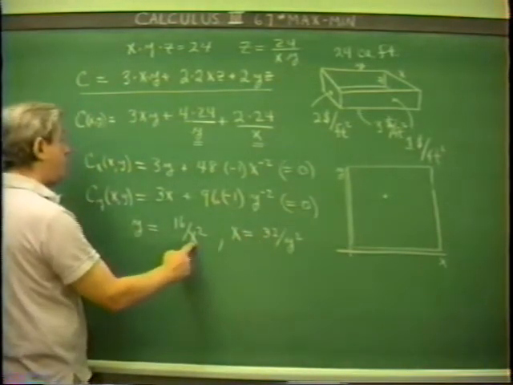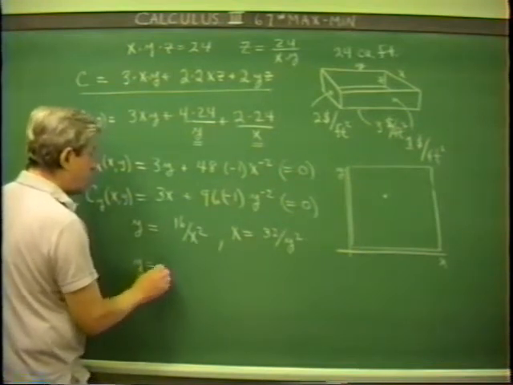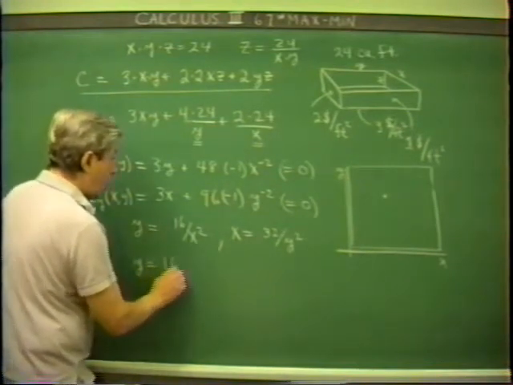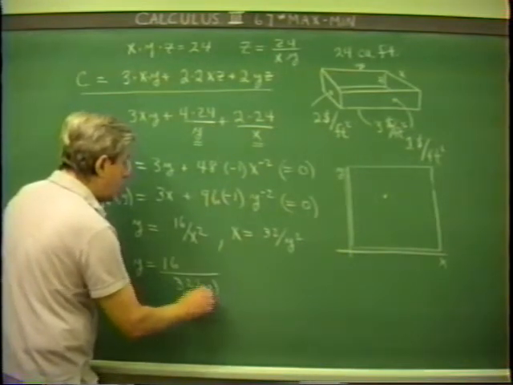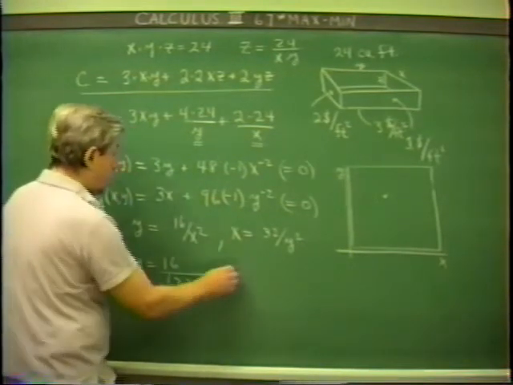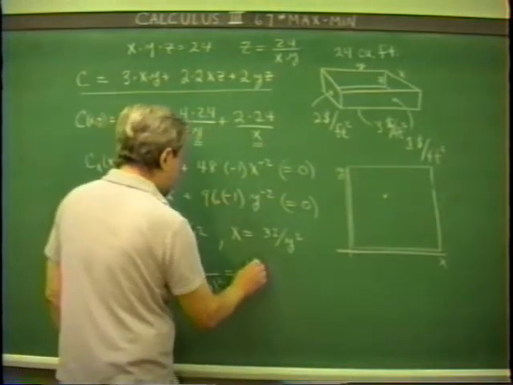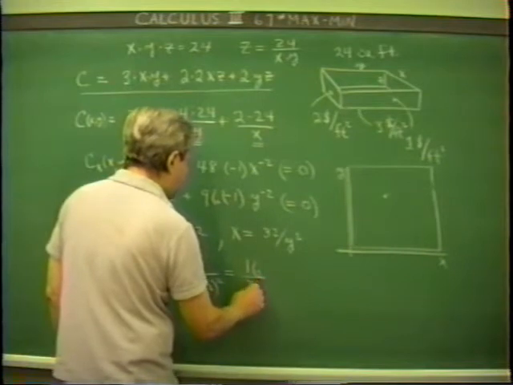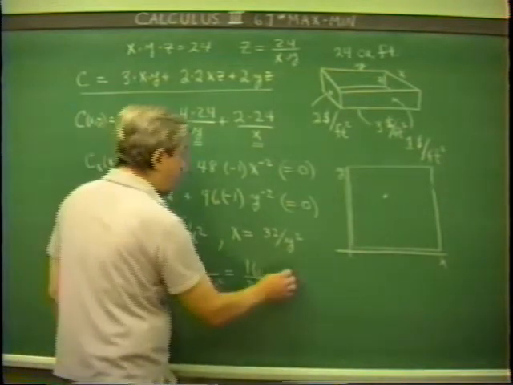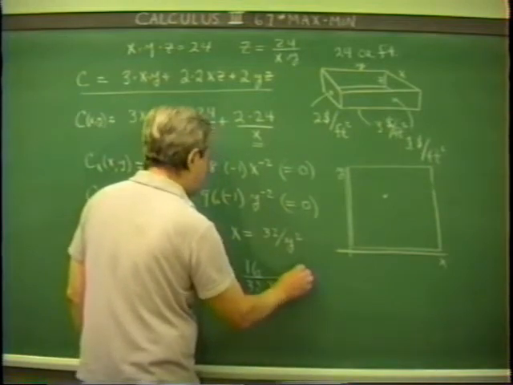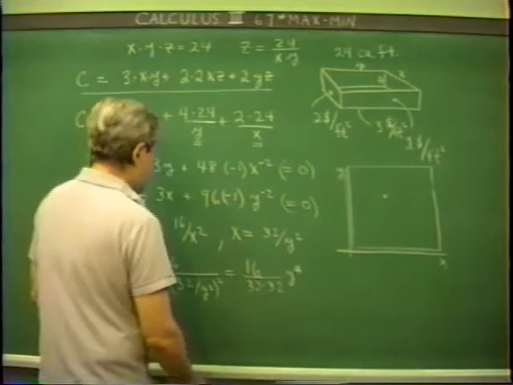So we wish to solve these two equations, and for that purpose let's put x from the second equation into the first equation, and we will get that y is equal to 16 over 32 over y squared, quantity squared, which is equal to 16 over 32 times 32, all times y squared squared, or y to the fourth.